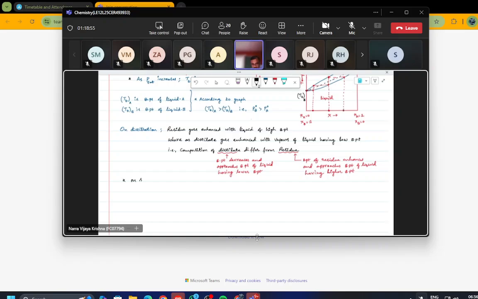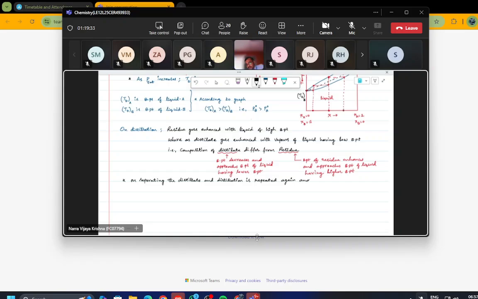On separating the distillate and repeating the distillation again and again, what happens?